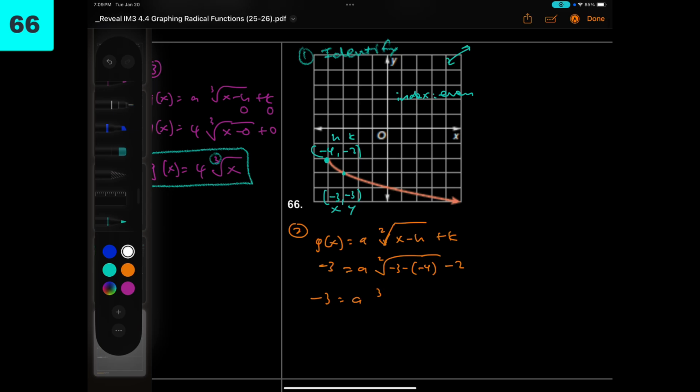So this will become plus 1, or just 1. Add 2, so you get a equals -1. And that makes sense because the vertical stretch is now being reflected over the x-axis.